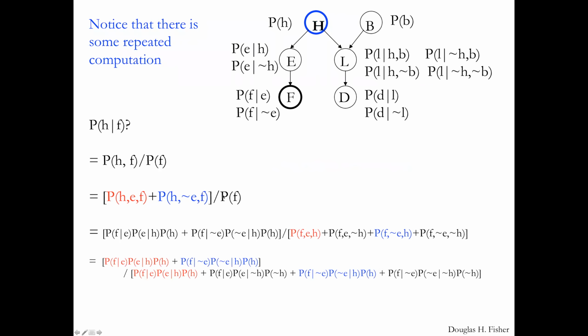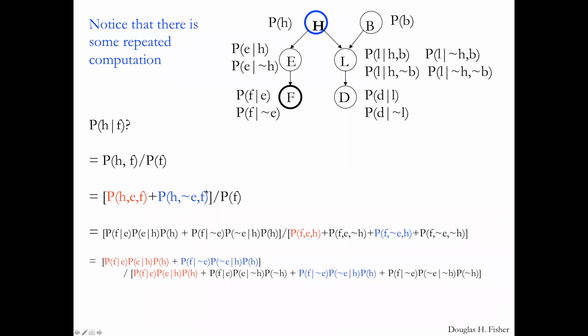You'll notice in that example that we just did, probability of H given F, that there is some repeated computation. And repeated computation can happen even more with inferences in expanding probabilities as we've been doing. So for example, in looking at the numerator, I'd computed this joint probability, but also in computing the value of the denominator, I'm going to compute that joint probability.